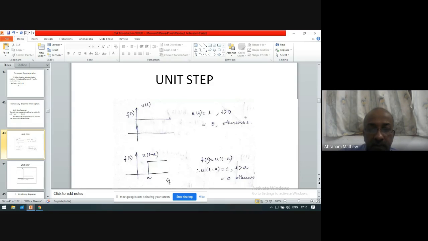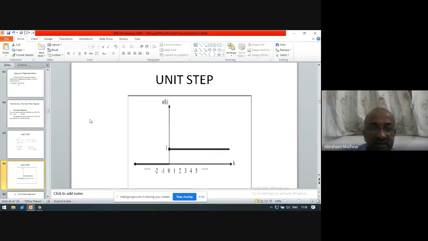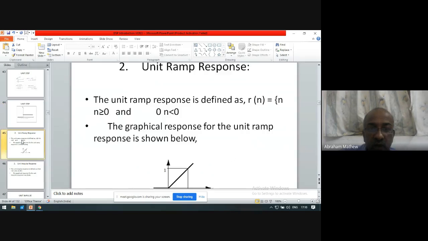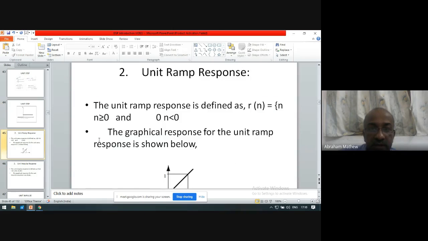Again, in figure B, it is a delayed unit step that is represented as u of t minus a. That means u of t minus a is equal to 1 for t greater than a, 0 otherwise. So unit step signal we can represent, and it's maintained u of t is equal to 1 for t greater than 0.